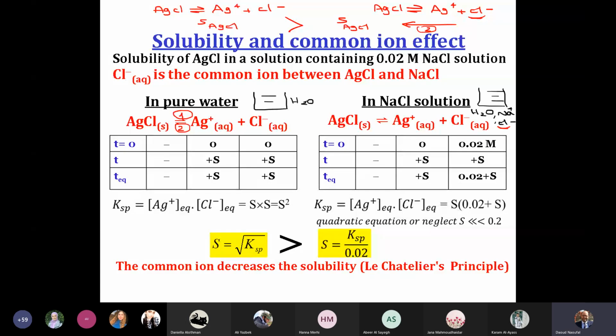To shift the equilibrium in direction 1, we have two ways. One is to decrease Ag+ at equilibrium. Two is to decrease Cl- at equilibrium. The question now, can the pH of the solution affect the shift of the equilibrium? If Ag+ interacts with water, or if Cl- interacts with water, that means the equilibrium can be shifted in direction 1 or direction 2.